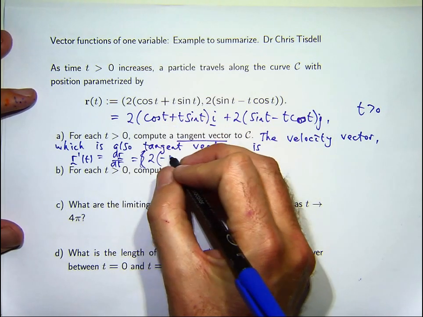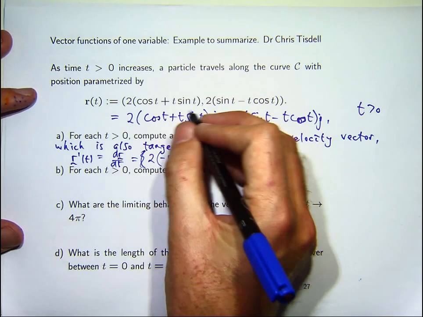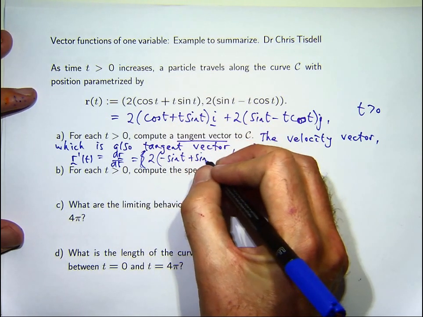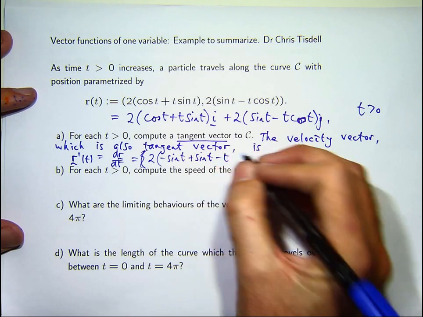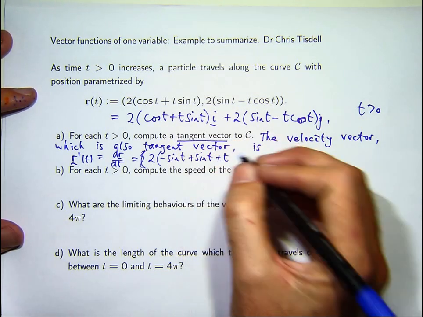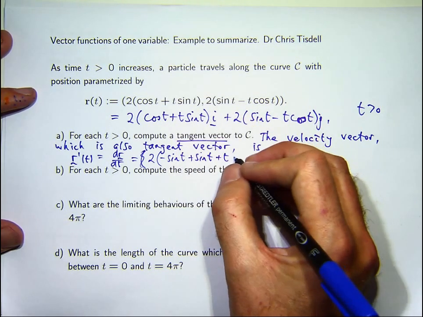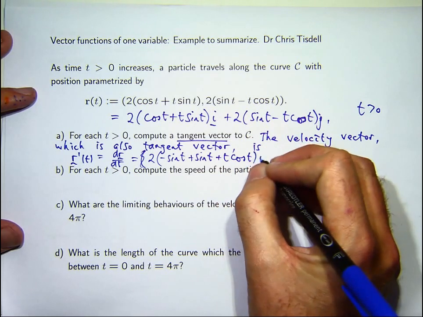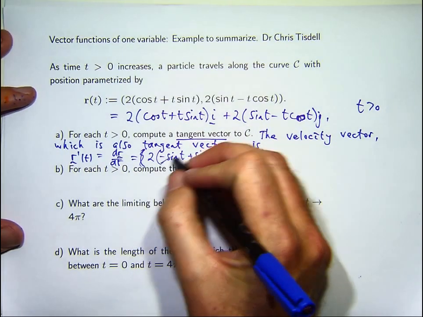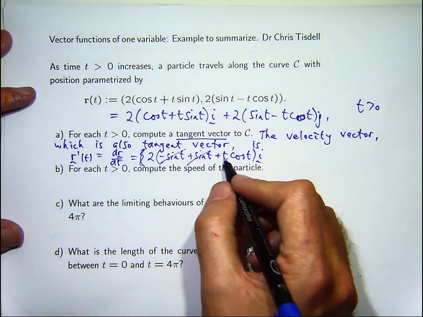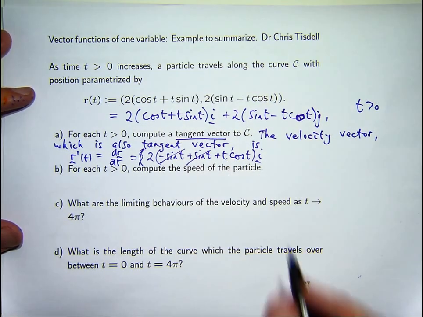So cos t is going to go to negative sine t. Then I'll use the product rule on here. Sorry, sine t goes to cos t. And if I cancel, I'm just left with t cosine t in here.